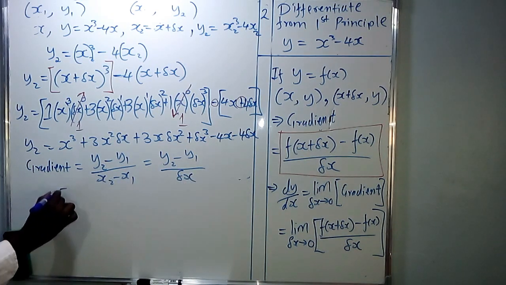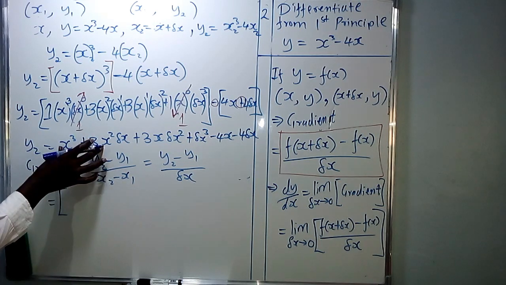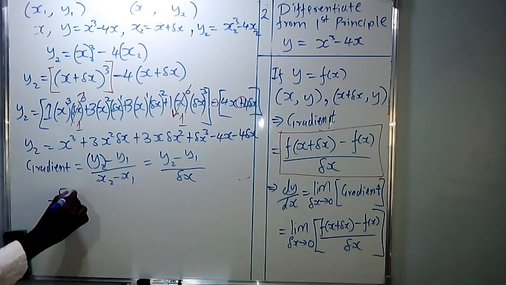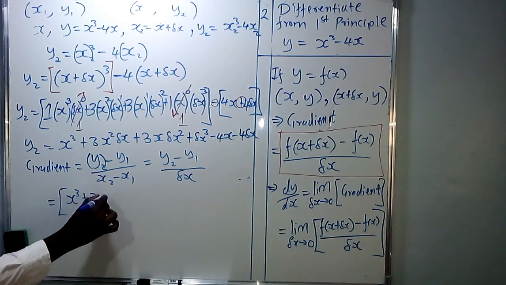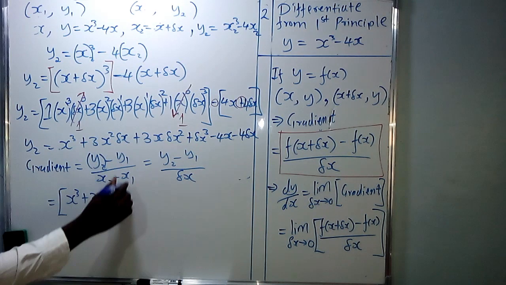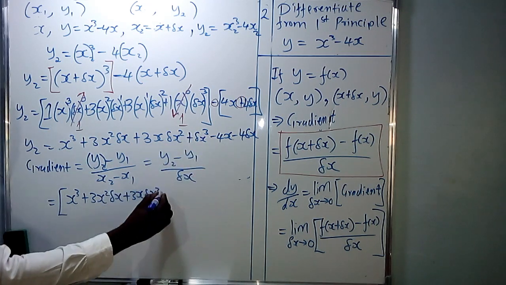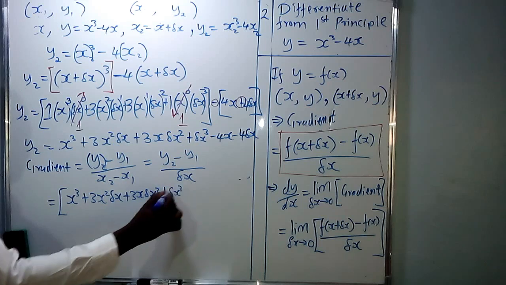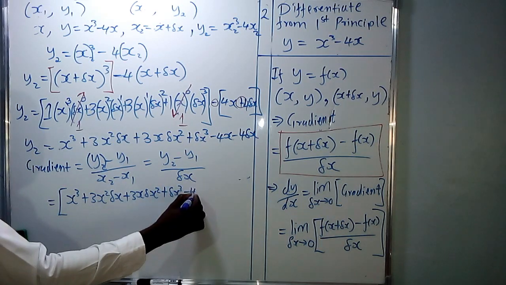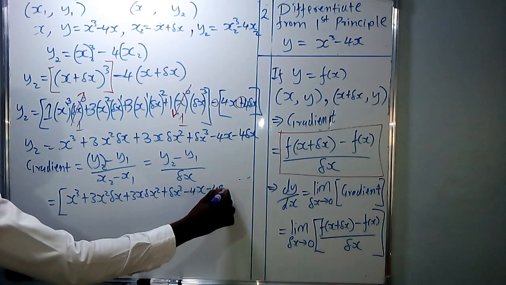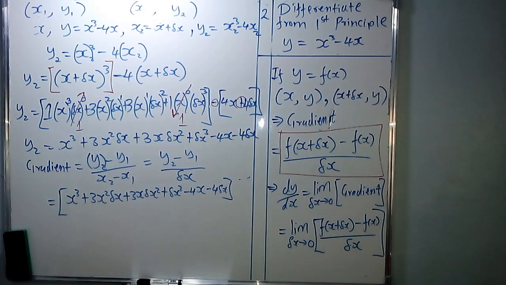Where there is y2, put the value of y2, which is x cubed plus 3x squared change in x plus 3x change in x squared plus change in x cubed minus 4x minus 4 change in x, isn't it?